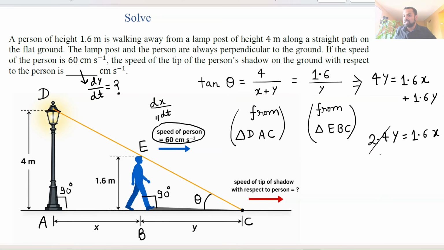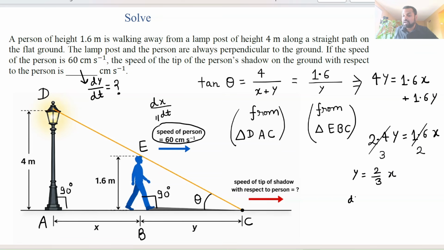So this will be 3 and 2, if you think about 0.8, divide by 0.8 both sides. So basically we are getting y equal to 2 by 3 x. This is what we got. At any time, no matter what theta is, y will be 2 by 3 x.